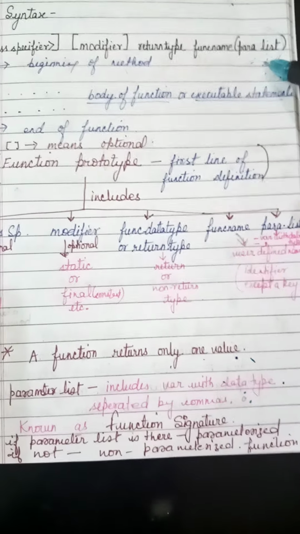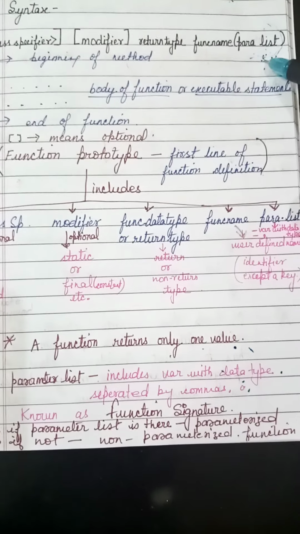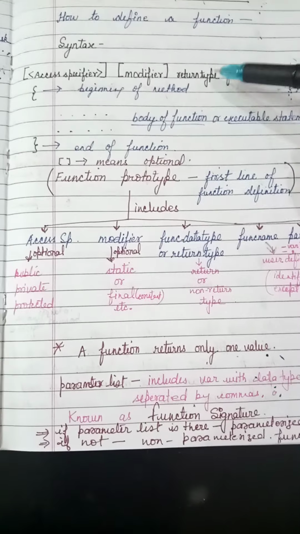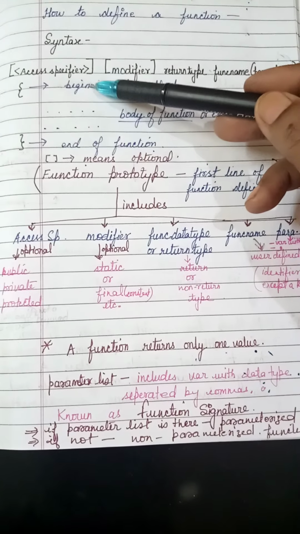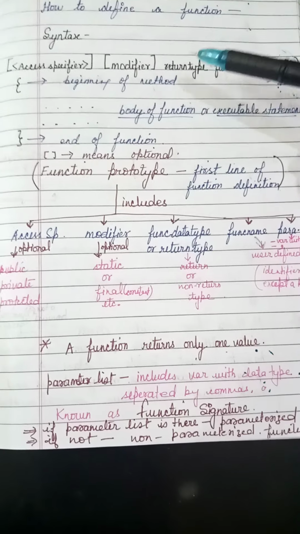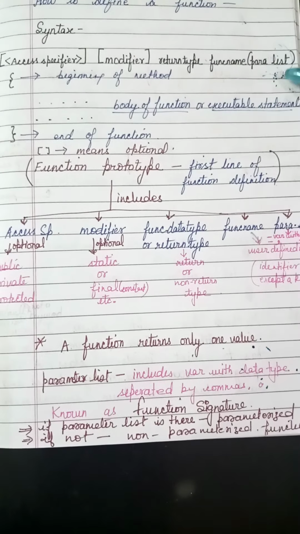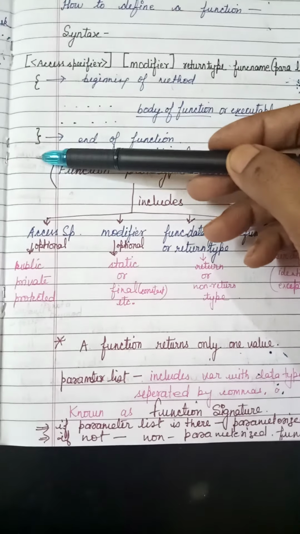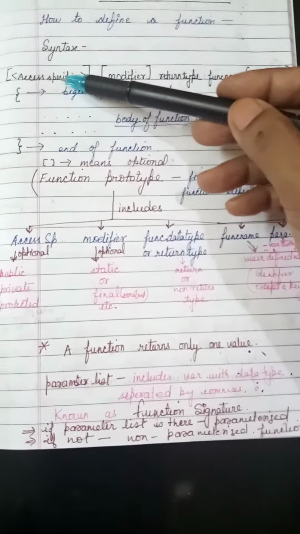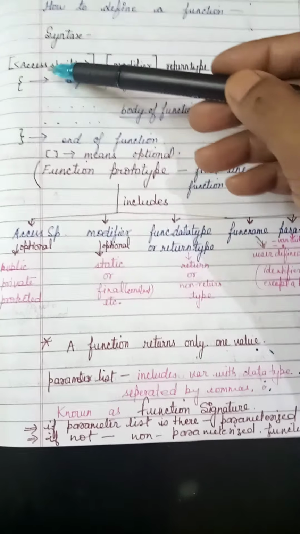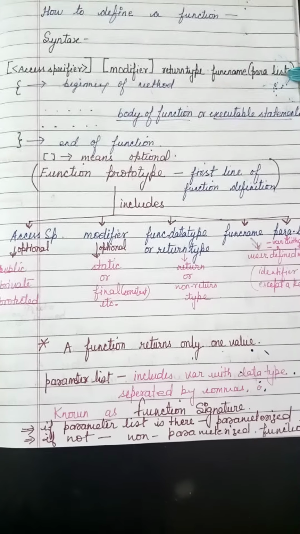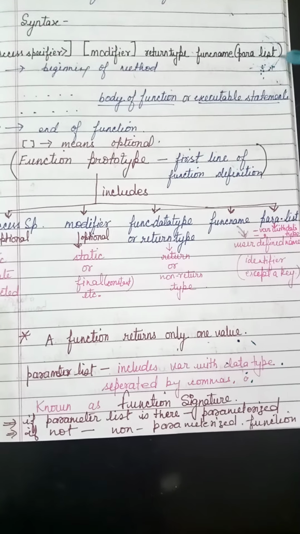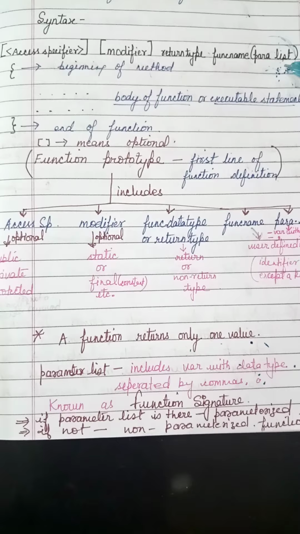Okay, function signature. Fine. So this is the function definition, how to define a function. Access specifier, modifier, both are optional. Return type, function name, parameter list, opening brace, executable statements, closing brace. And the very first line of the function definition, only the first line, is known as function prototype, and only this much part is known as function signature.